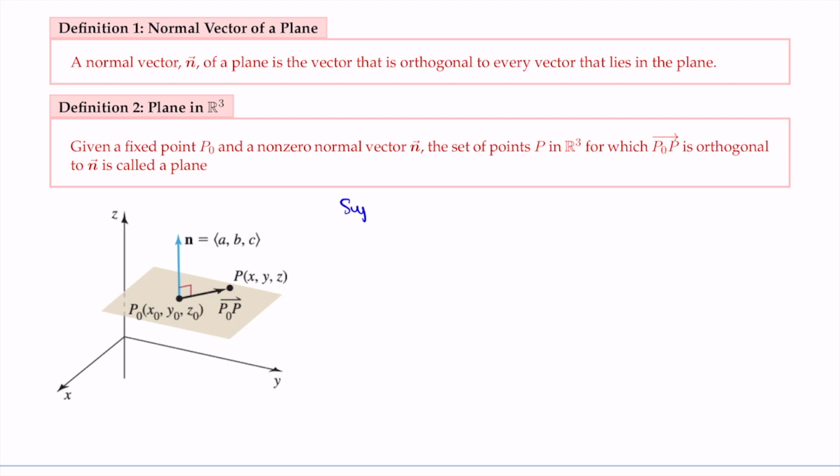So suppose p0 equals x0, y0, and z0, and p equals x, y, and z are two points on the plane.